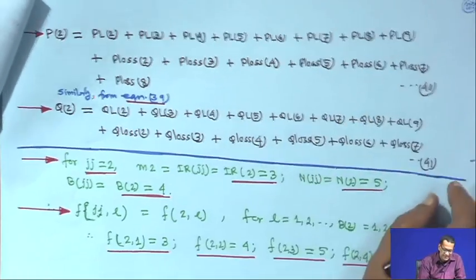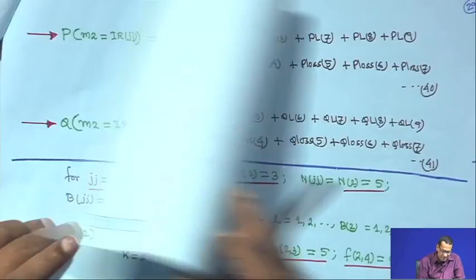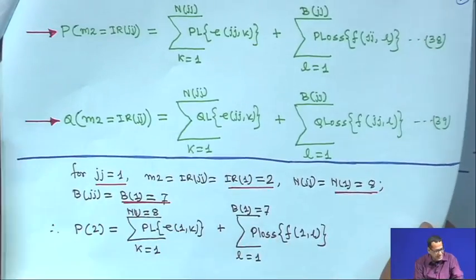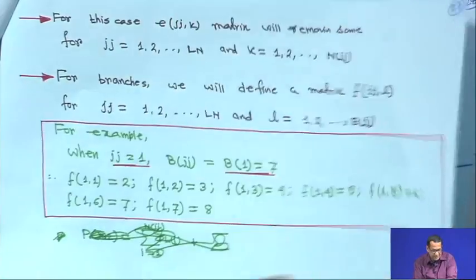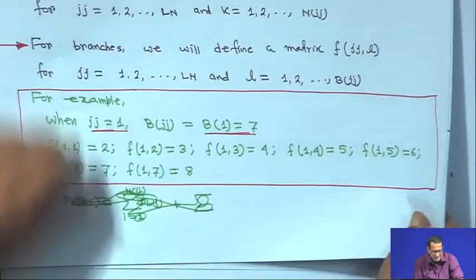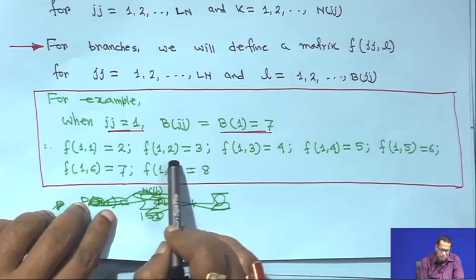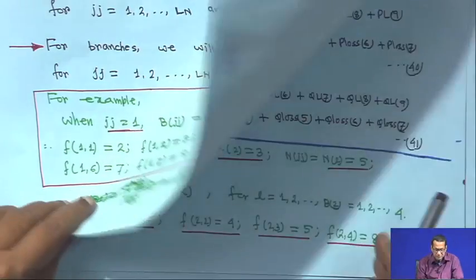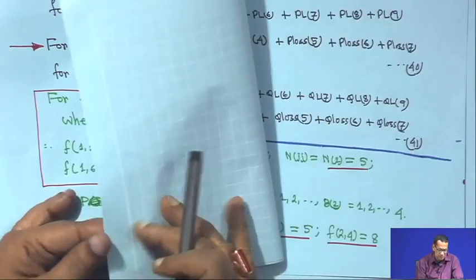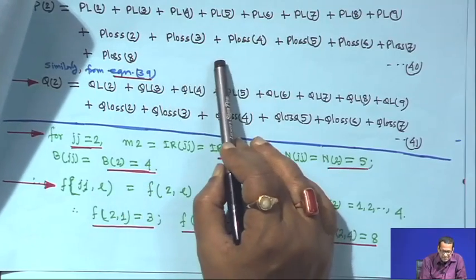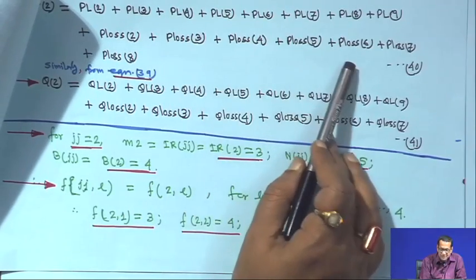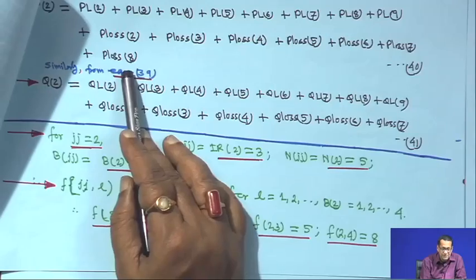Plus this F matrix, when you expand this, it will be F11, F12, F13 and so on. Here all these elements I have given you. If you expand and substitute all this, it will become P loss 2 plus P loss 3 plus P loss 4 plus P loss 5 plus P loss 6 plus P loss 7 plus P loss 8.